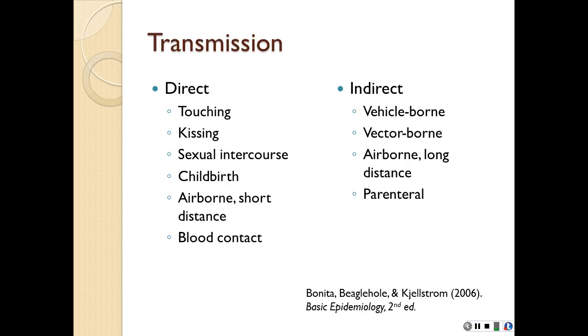So things like touching, kissing, sex, childbirth, or standing in front of someone and physically sneezing on their face. So short-distance airborne, or blood contact, so bloodborne. All the things where you actually touch the body fluid from person to person.